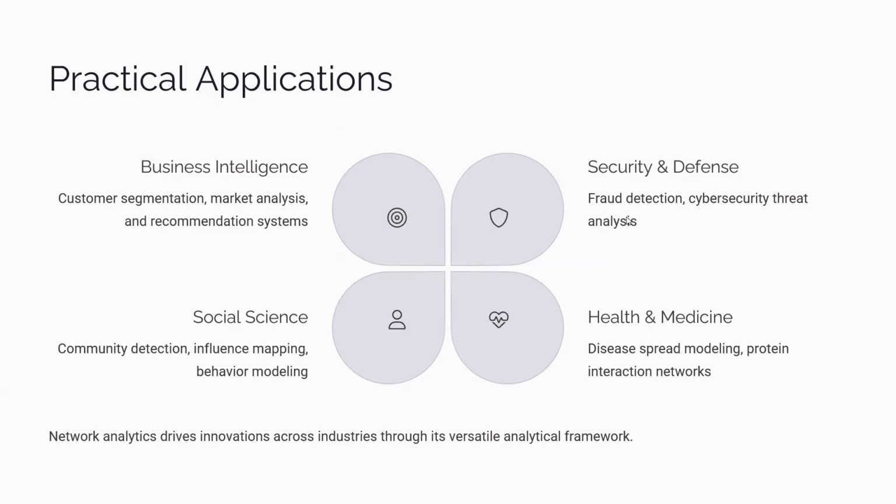In security, fraud detection can happen, or cyber threat analysis can be performed by studying the networks. Of course, social sciences, then health and medicine. These are some of the areas where the study of networks can help us develop very interesting solutions to address the challenges in their respective domains.